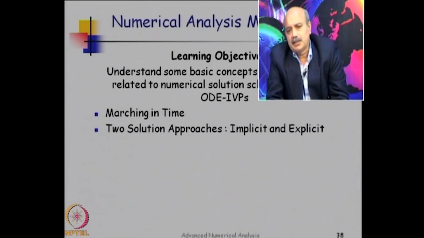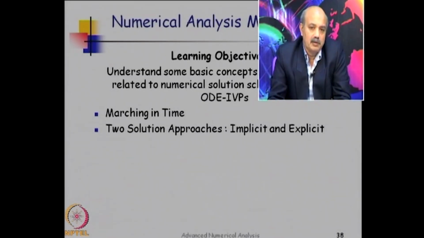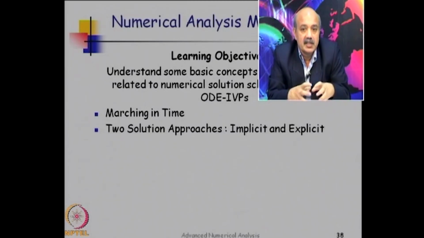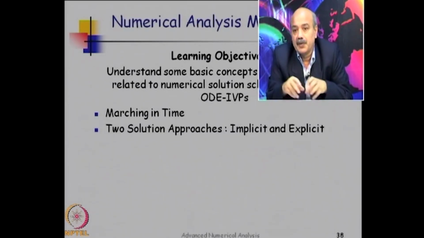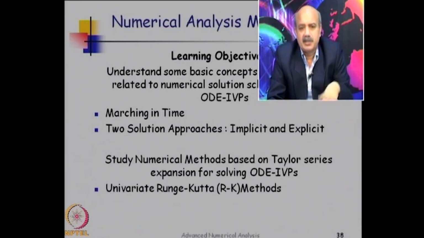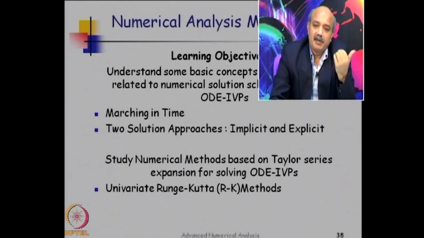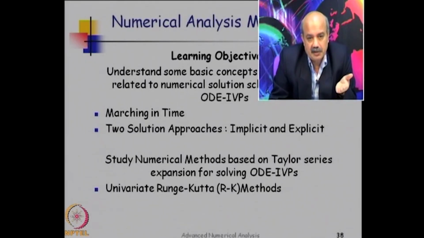If you look at the numerical methods for solving ODE initial value problems, there are two classes. One is explicit methods, the other is implicit methods. So, we will just have an understanding of what is an implicit method, what is an explicit method, and then we move on to study an important class of methods which is based on Taylor series approximation.